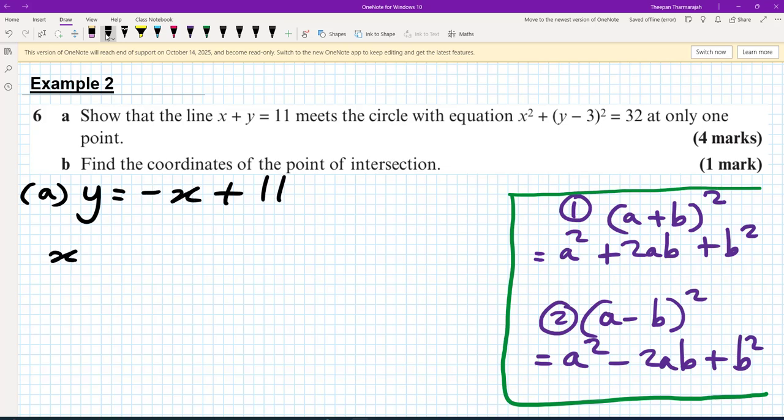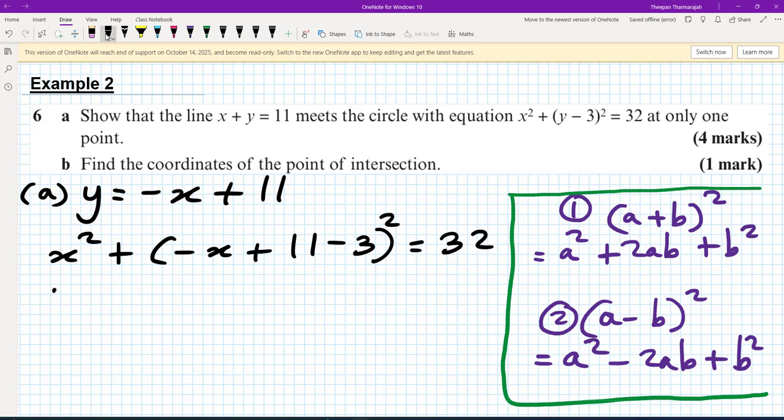Do a substitution, so x squared plus (minus x plus 11 minus 3) all squared, and that's going to be equal to 32. So now we get x squared plus, now 11 minus 3, that's going to give me 8, so I'm going to get (8 minus x) all squared equals 32.